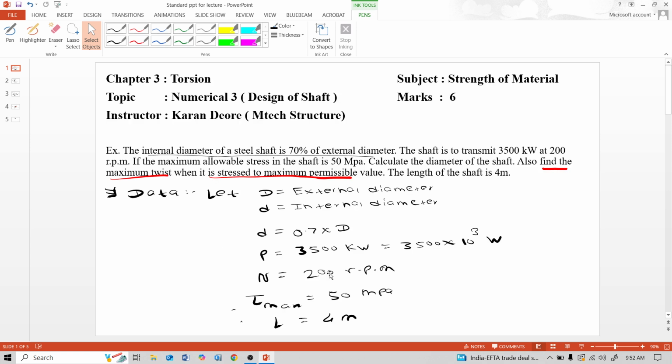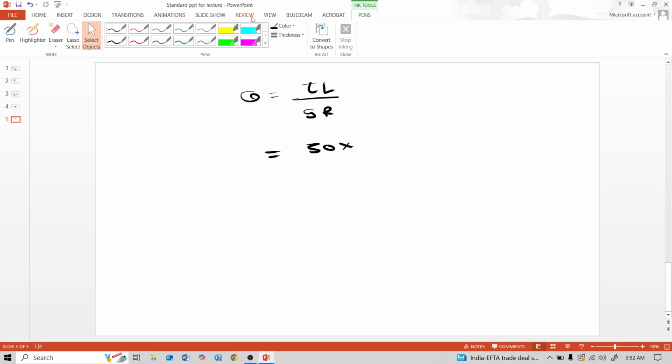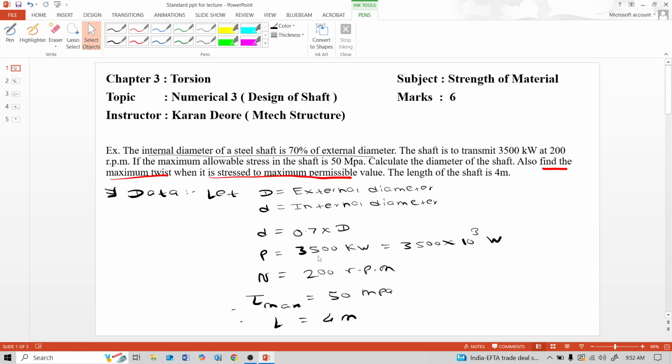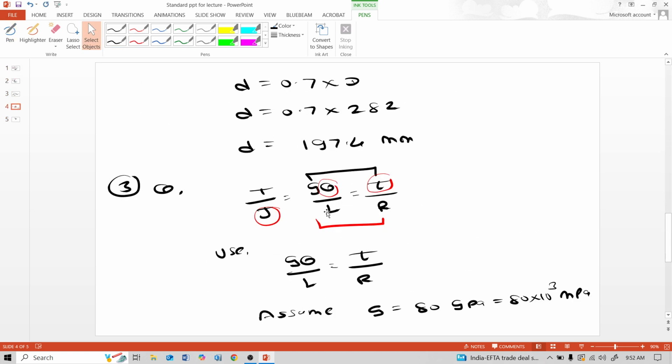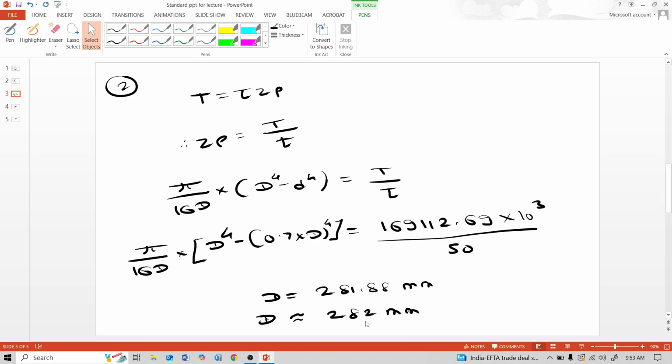Length is 4 meter, that means 4000 mm. G is 80 into 10 raised to 3 Newton per mm square or MPa. For the radius, we have the minimum diameter 197.4 and the maximum diameter is 282 mm.